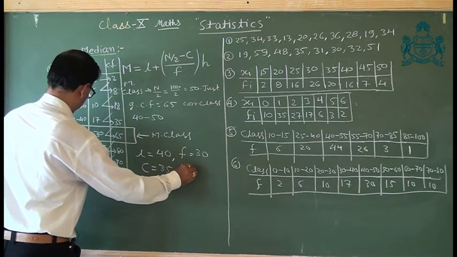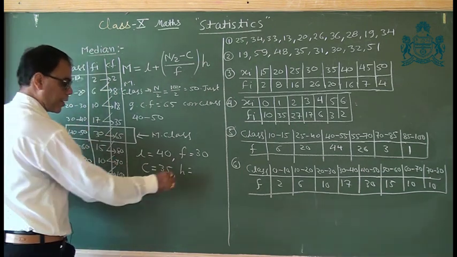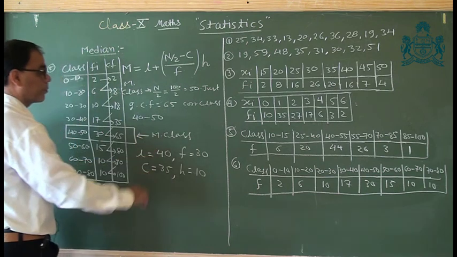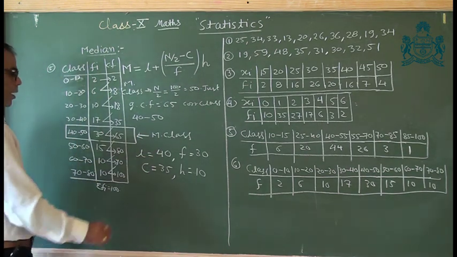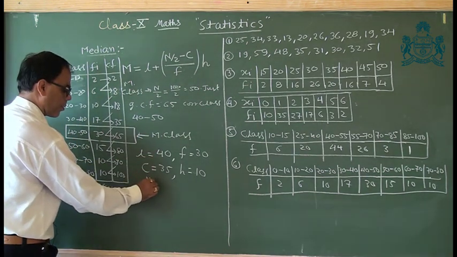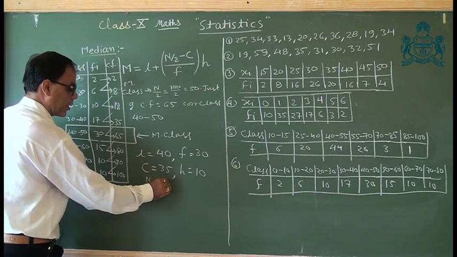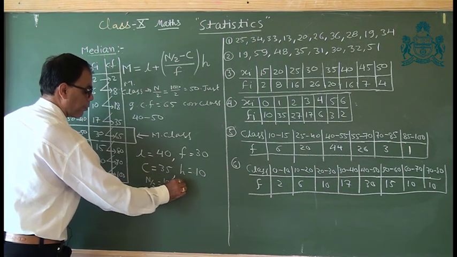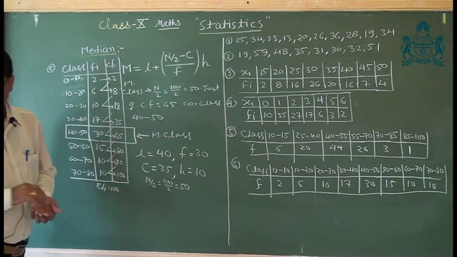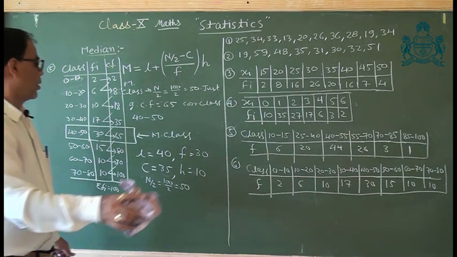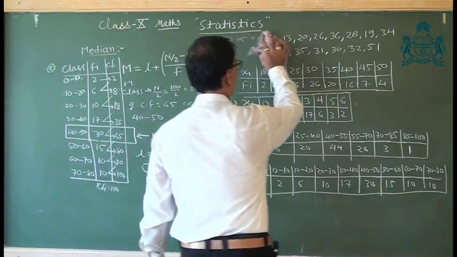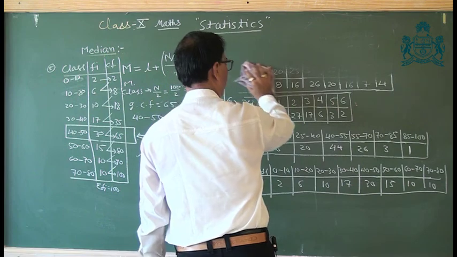H, the difference of lower limit and upper limit, is 10. And n by 2, sum of frequency 100, 100 by 2 is 50. Put the values in the formula and solve the question.